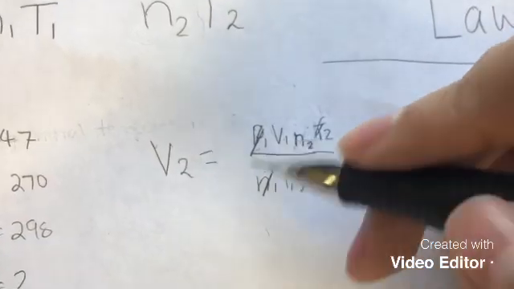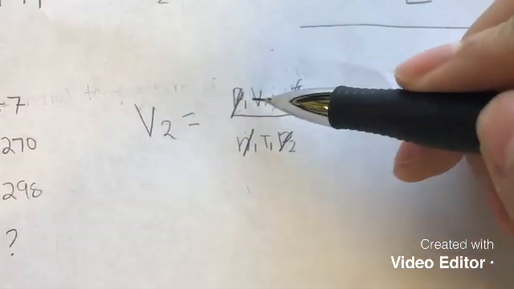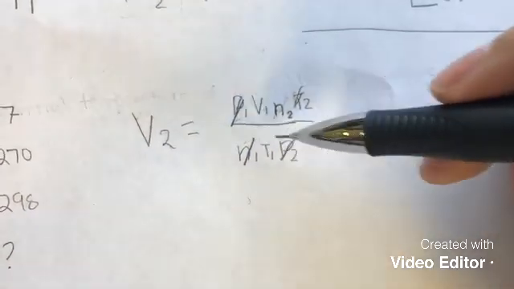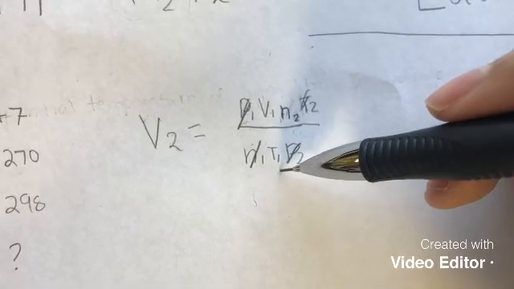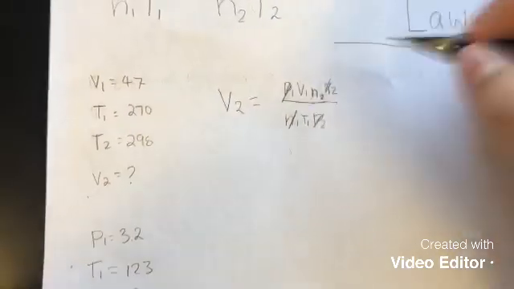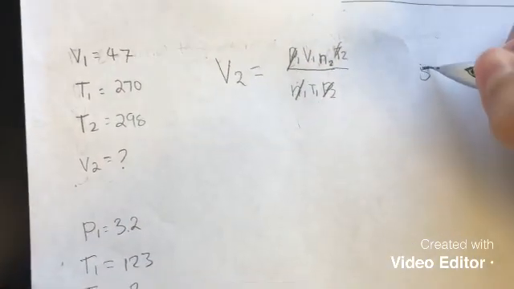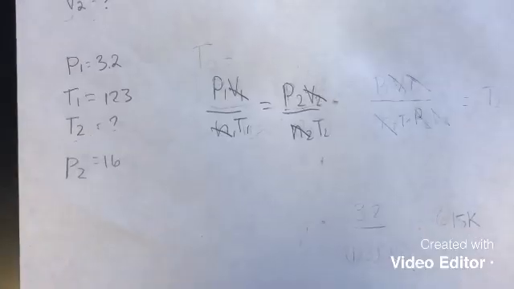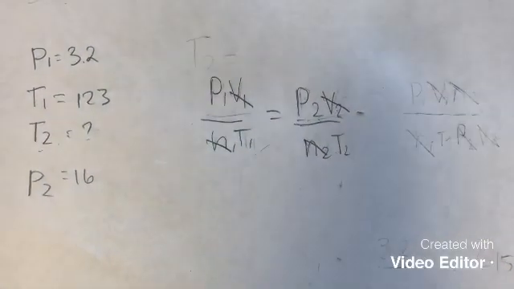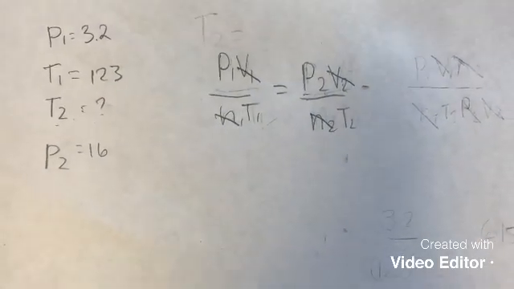So the equation we have here is actually final volume equals initial volume times final temperature divided by initial temperature. And if we put that in the calculator and plug it in, we would get 51.87.